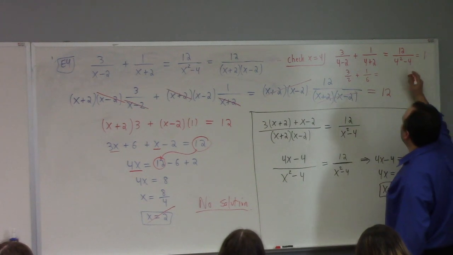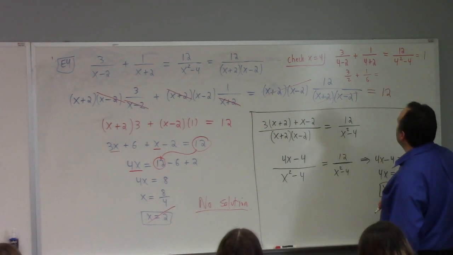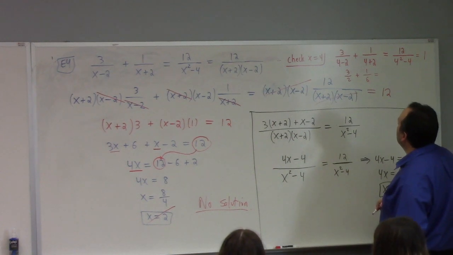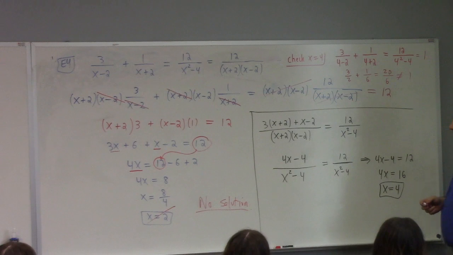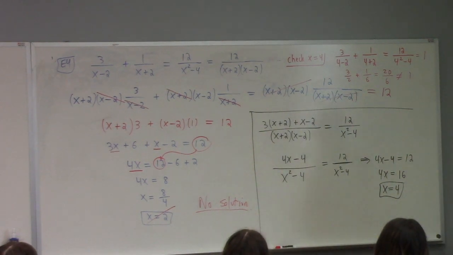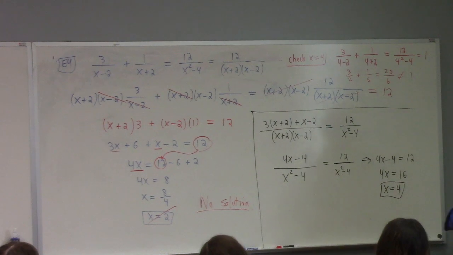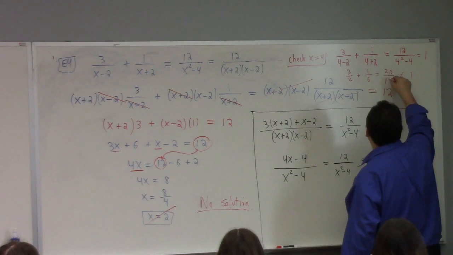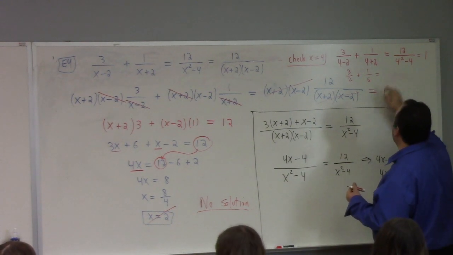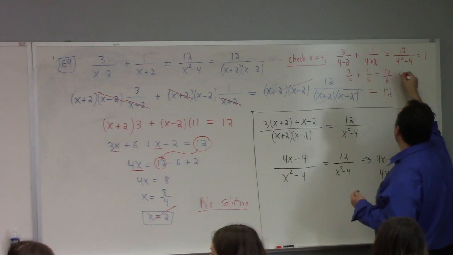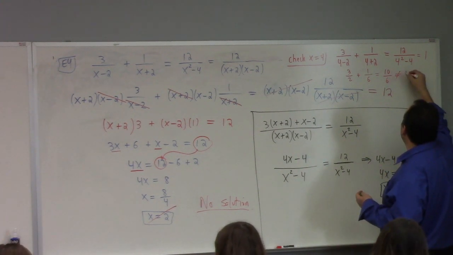But this is not 1. Yeah, you're right, I think this is 20 over 6, which of course is not equal to 1. Wait, shouldn't it be 10 over 6? If you wanted to do 6, it's fine. Yes, that'd be better, 10 over 6, which is indeed not equal to 1.